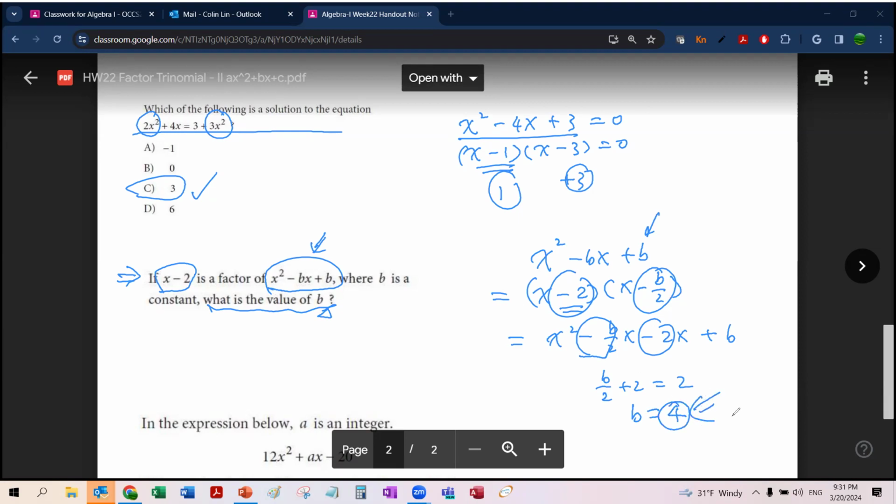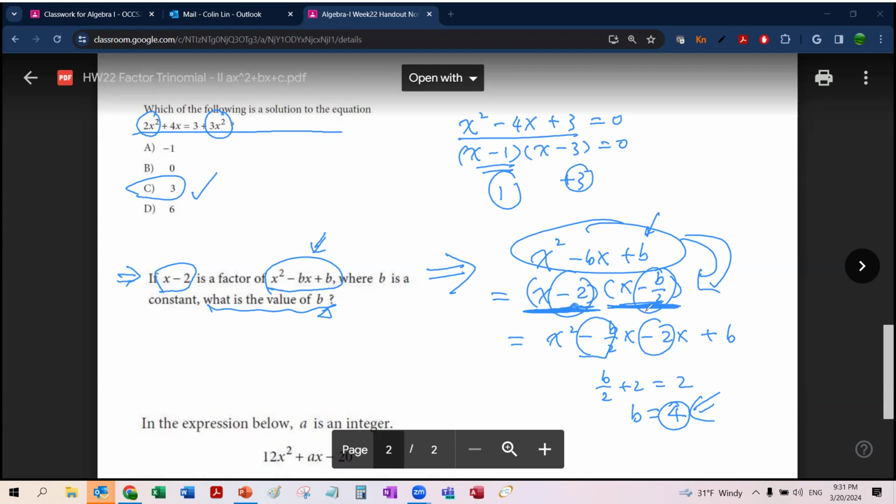You got it? You guys know what I'm trying to say? So this part, we try to break it down into this format. One of the factors is x minus 2, and the other factor has to be like this. So we try to find the sum of these two factors.